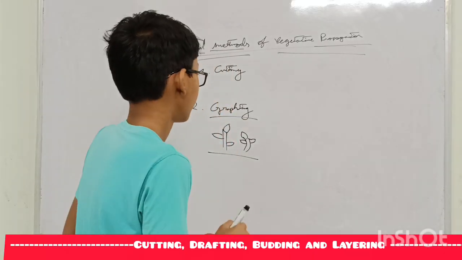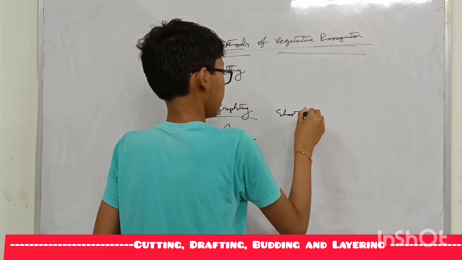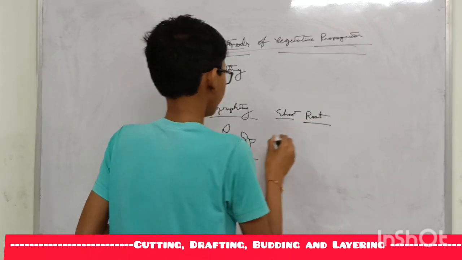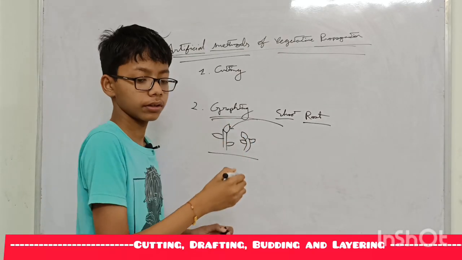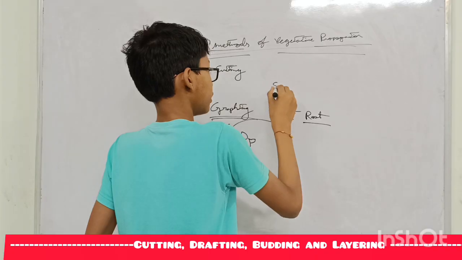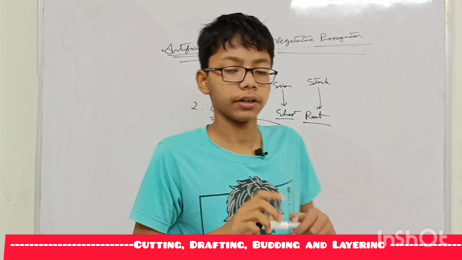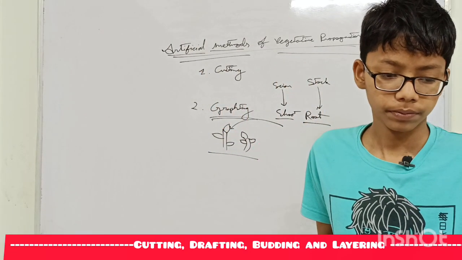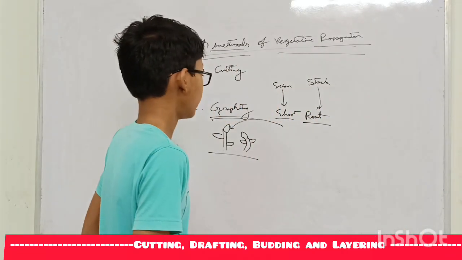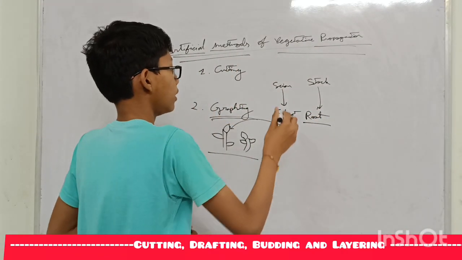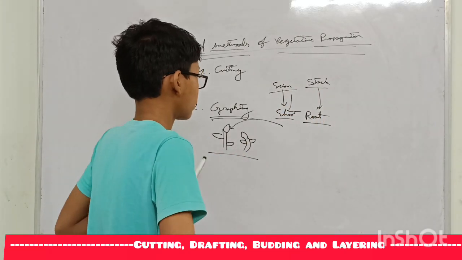So the name of the shoot and root of the selected, more superior plant for the process of grafting is scion and stalk respectively. The shoot of a superior plant used in grafting is the scion, and the root is the stalk.